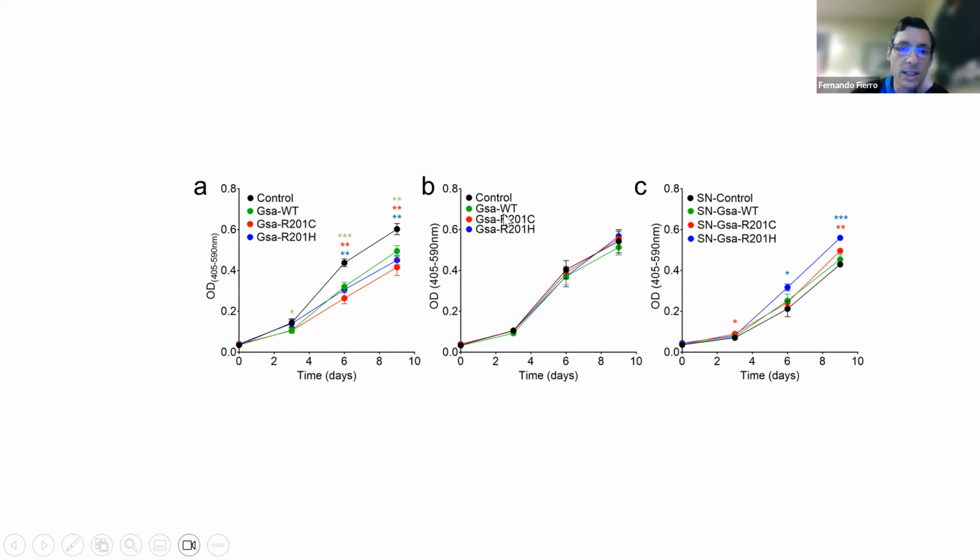And you can see that when these two types of cells are grown in co-culture, normal cells with the cells that have been genetically modified, there are actually no differences in cell proliferation.